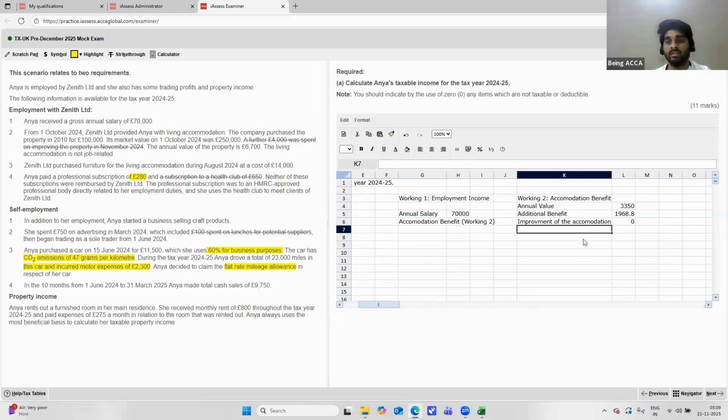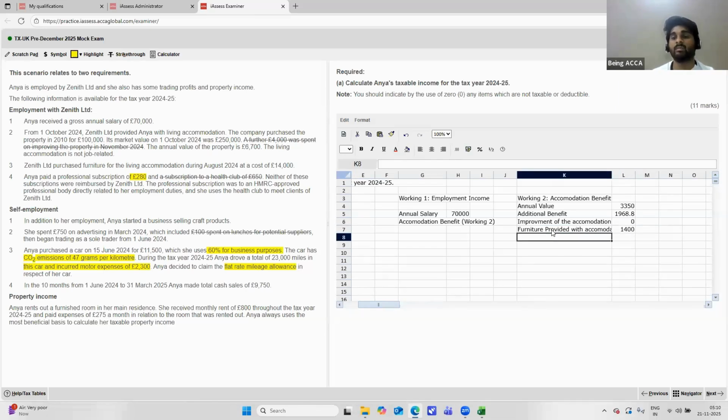So furniture provided with accommodation would be equal to 14,000 into 20%. Again, it should be prorated for the period that it is being provided for, 6 by 12, giving us a total of 1400.